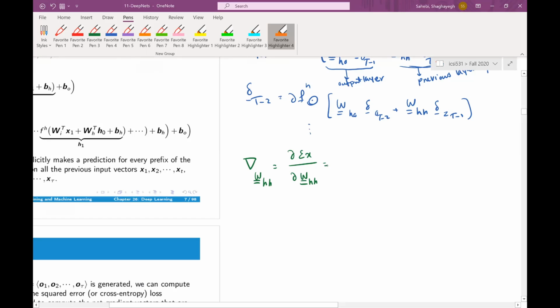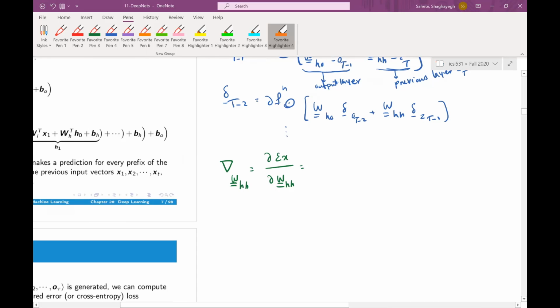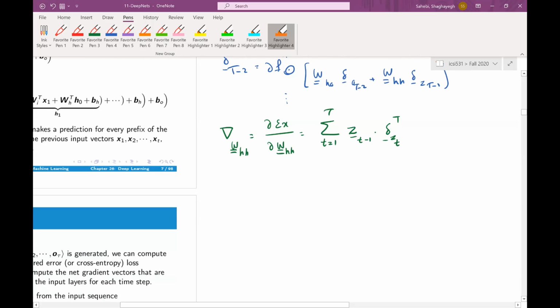Similar to MLP, we are just going to use the chain rule, and because this is a sequence, we are going over all the times in the sequence, so t equals 1 to tau, and that is going to be equal to z_{t-1} dot net gradient of z_t transpose. If you calculate that, you will get to this. I'm just summarizing so that we don't go into that much detail here.